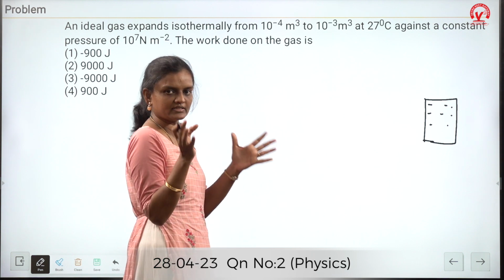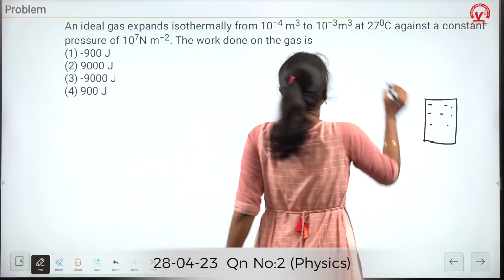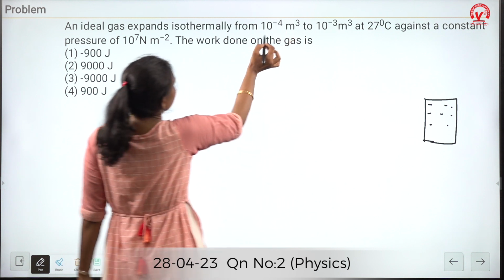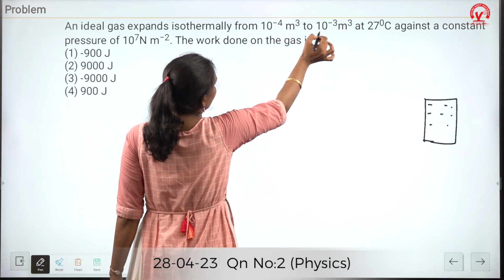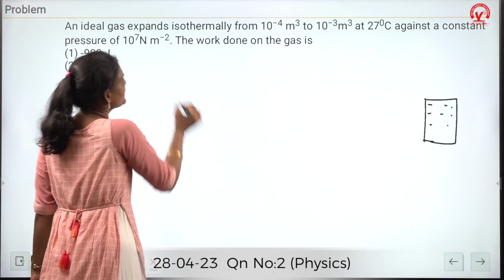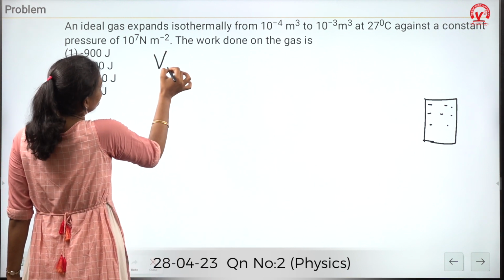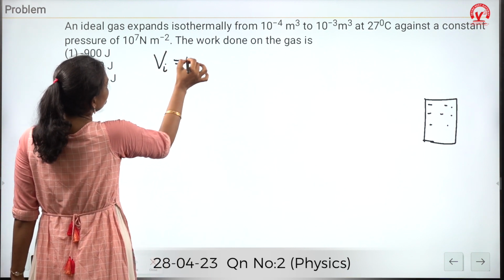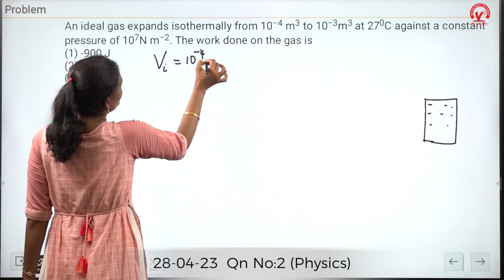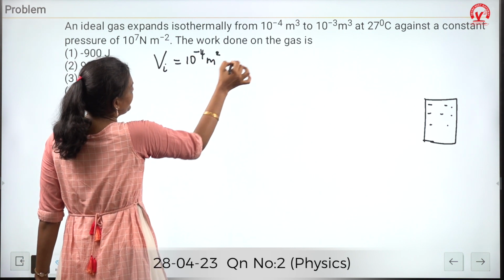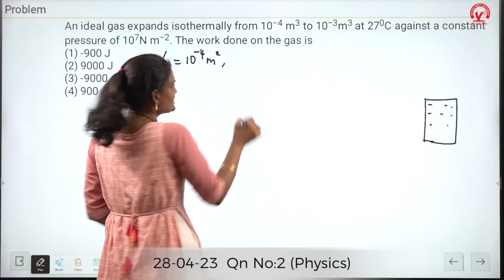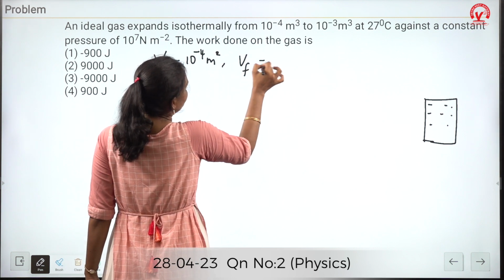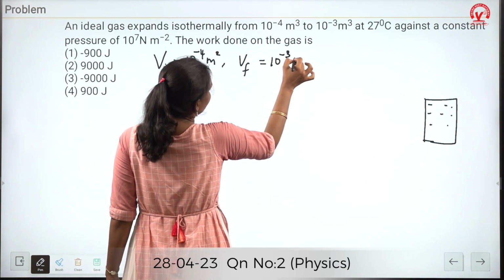We will consider this value as the initial volume and this value as the final volume. So what is the initial volume? Initial V_i is equal to 10 power minus 4 meter cube, and final volume is 10 power minus 3 meter cube.